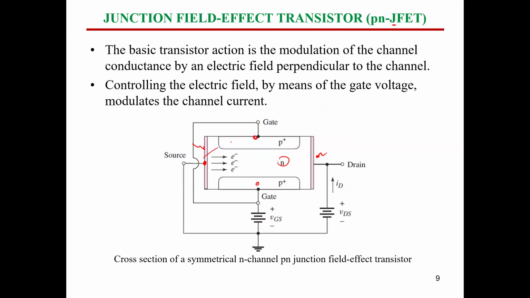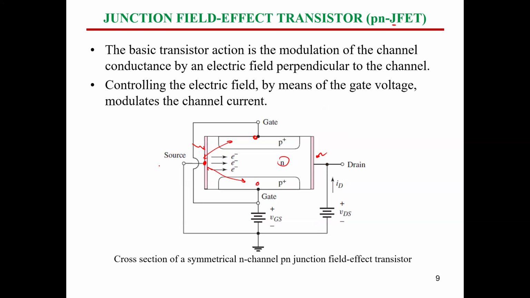Between here and here, you will have a certain voltage difference. This voltage difference will control the electric field and, at the same time, the conductance of this channel to flow the current between drain and source. For sure, electrons are going to move from source to drain, which means the current is moving from drain to source, opposite to the electron direction.